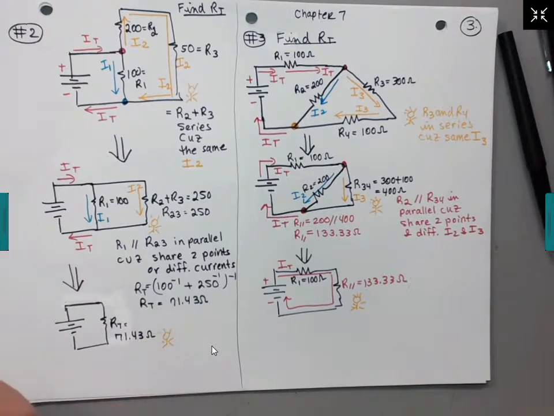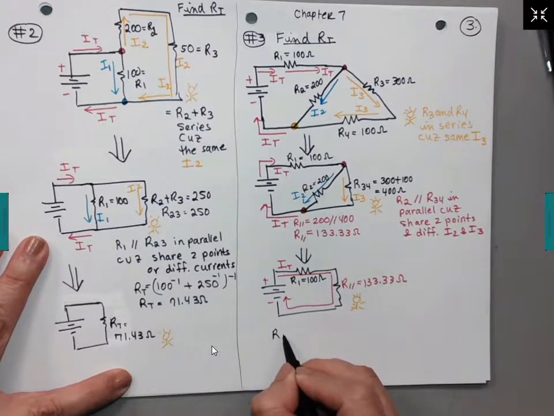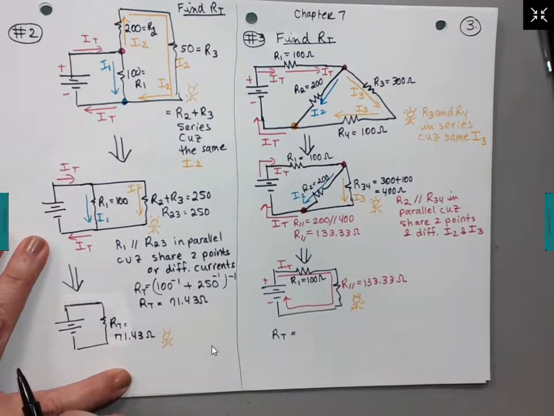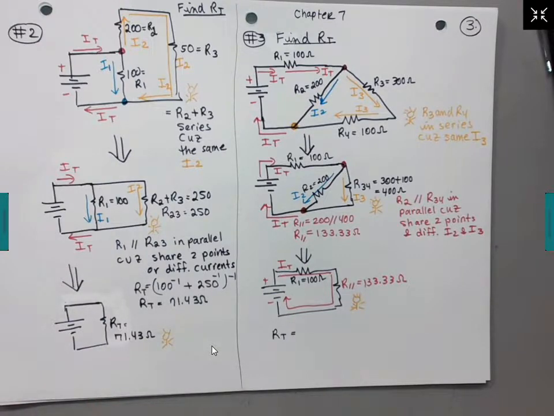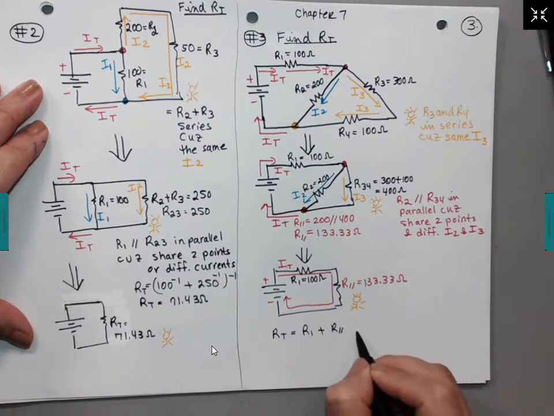current. So what is RT at this point? What's RT? What's R1 and R parallel? They are in series. Yes, series. R1 plus R parallel.